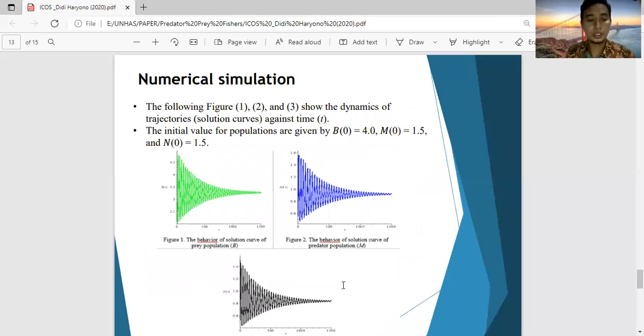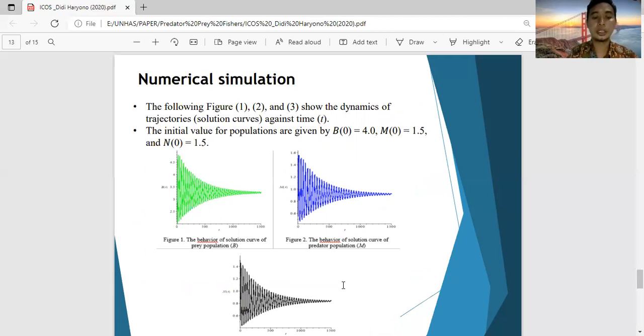Figure 1, figure 2, and figure 3 show the dynamics of trajectories or solution curves against time t.